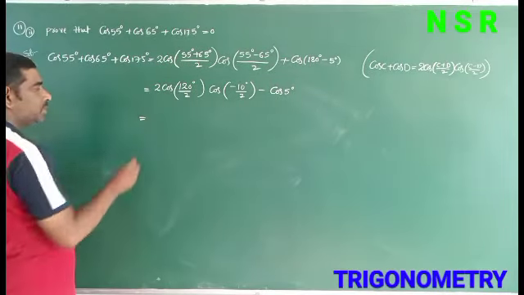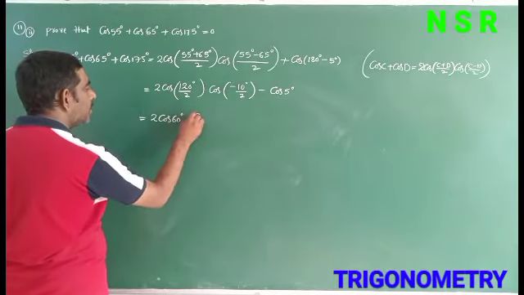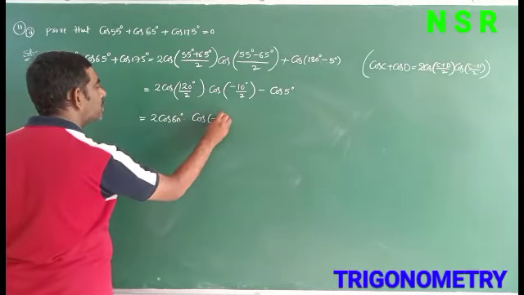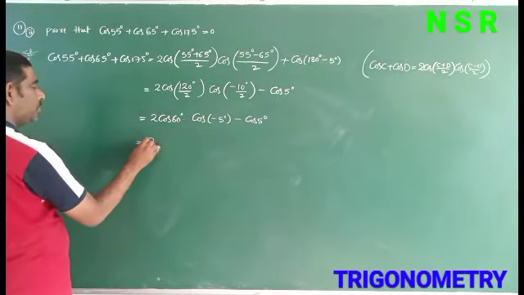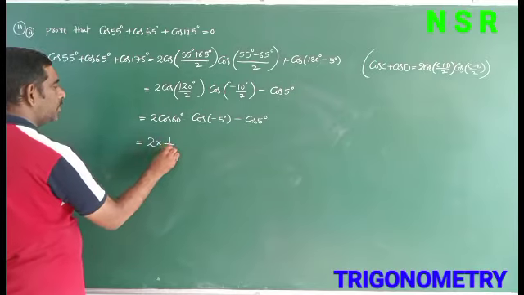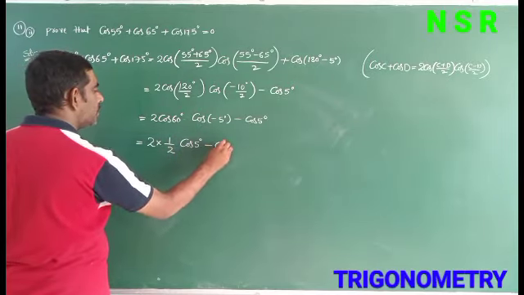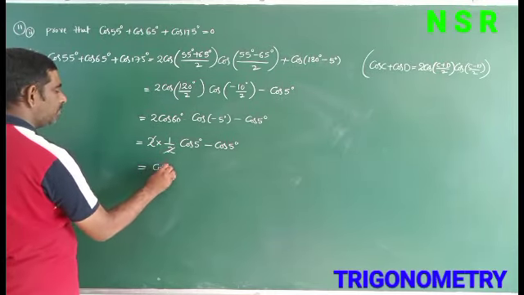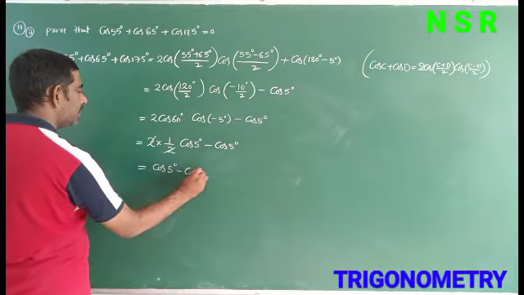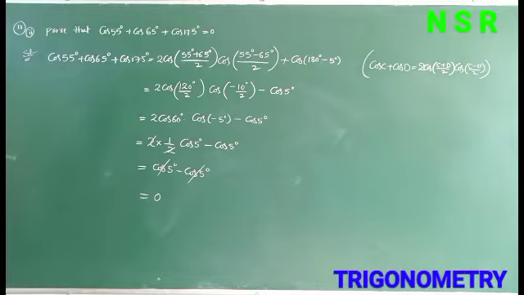So 120 by 2 is 60, 2 into cos 60 and minus 10 by 2 is minus 5, minus cos phi. So 2 into cos 60 value 1 by 2, cos of minus theta is cos theta, minus cos phi. So the 2 gets cancelled, we get cos phi minus cos phi. So plus cos phi minus cos phi cancel, we get 0. Hence proved.